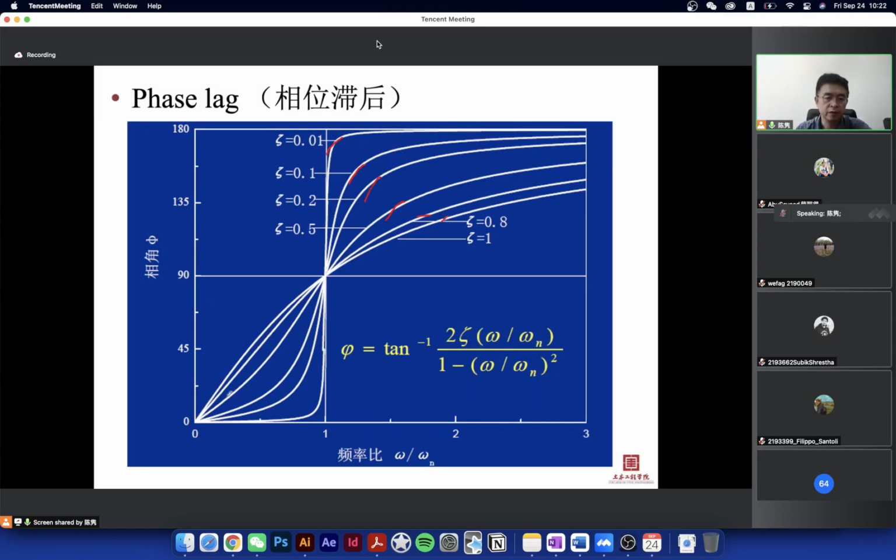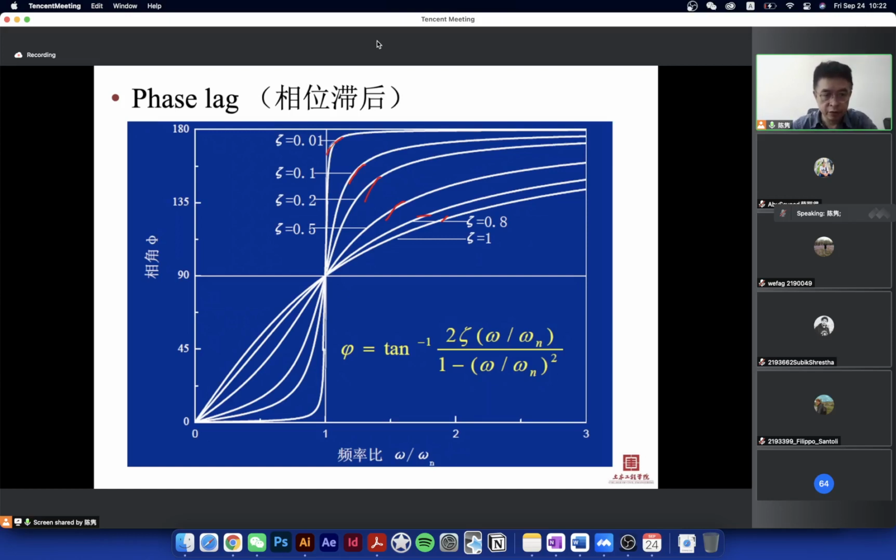So different damping, and this is the frequency ratio. Interestingly, no matter what damping the system has, when there's a resonance case, which means omega equals omega n, the phase angle between the system and the excitation is 90 degrees.